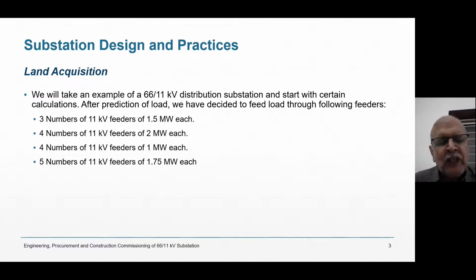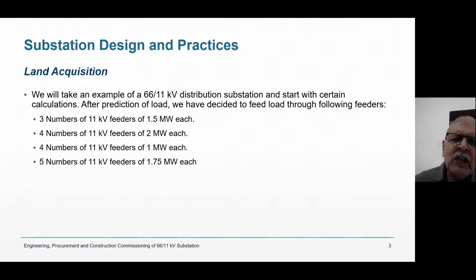All 11 kV feeders are going in different areas. And for this, we have to engineer a 66 by 11 kV substation.